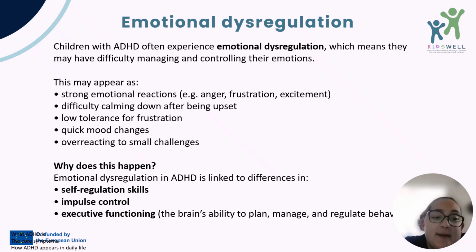Why does this happen? Emotional dysregulation in ADHD is linked to differences in self-regulation skills, impulse control, and executive functioning, the brain's ability to plan, manage, and regulate behavior.